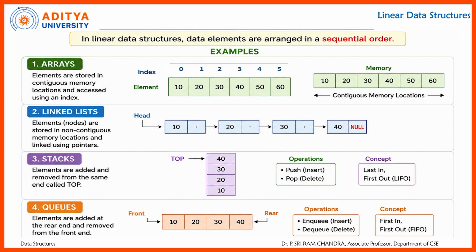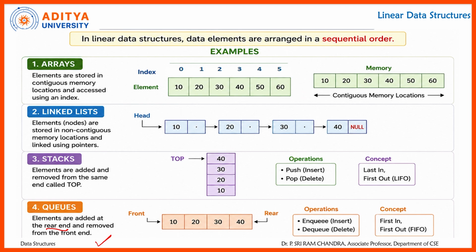And in a queue, the elements are added at the rear end and removed from the front end. The limitation of the stack is that insertion and deletion are possible at only one end, whereas in queues insertion is at the rear end and deletion is at the front end.